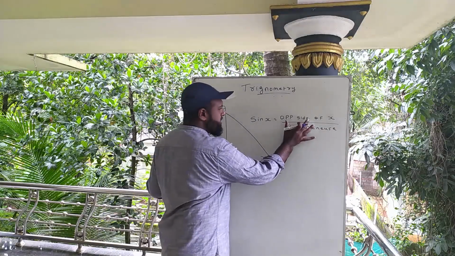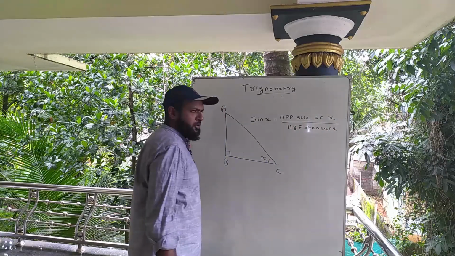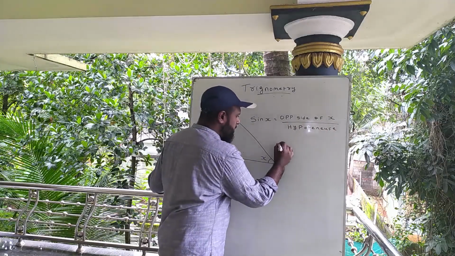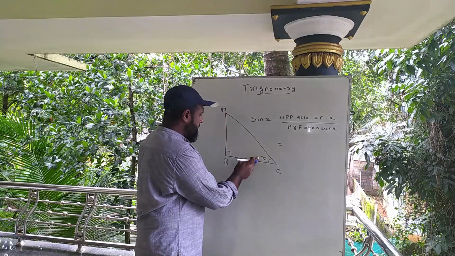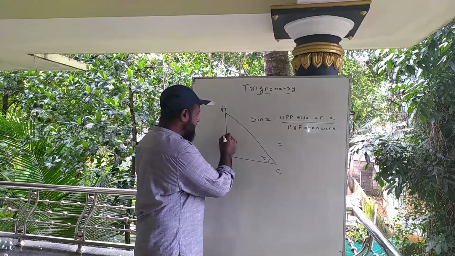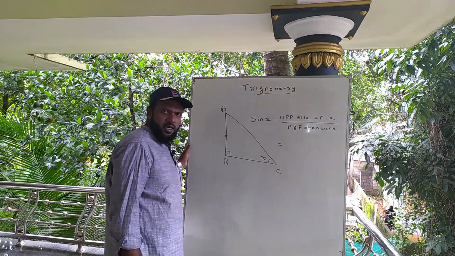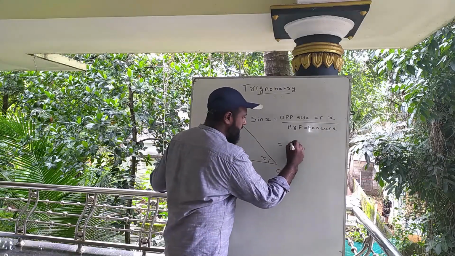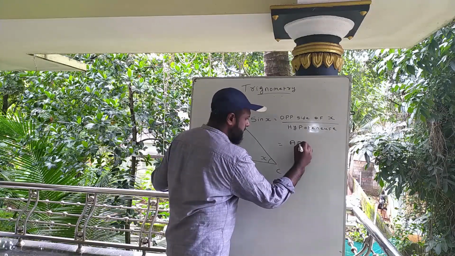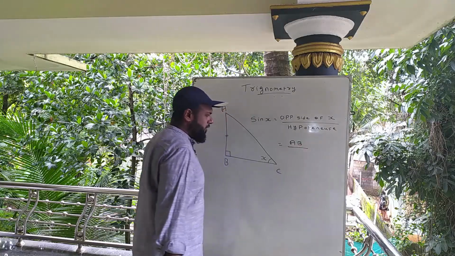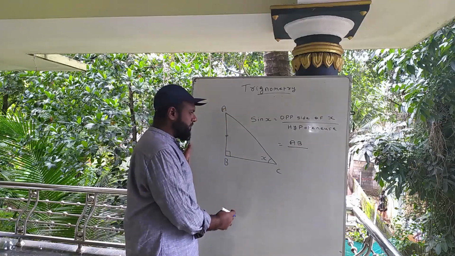What is the opposite side of X? The opposite side of X is AB. We have to write AB here, divided by what is the hypotenuse of this triangle.